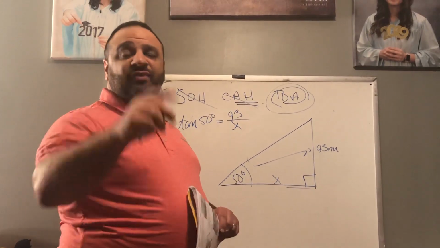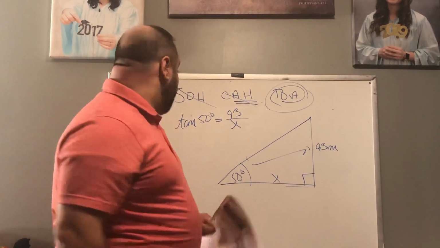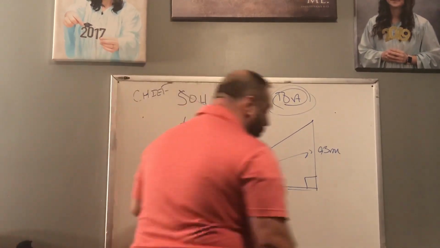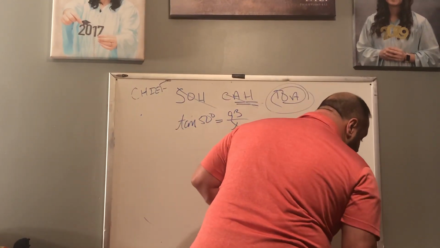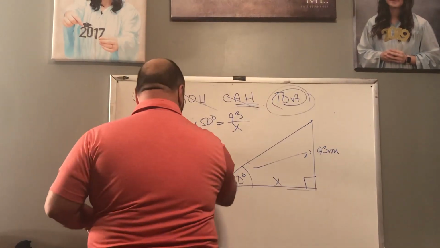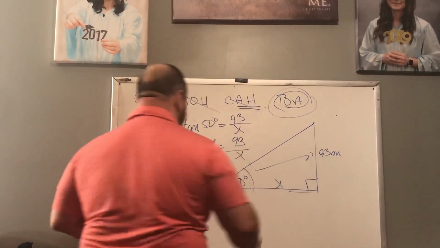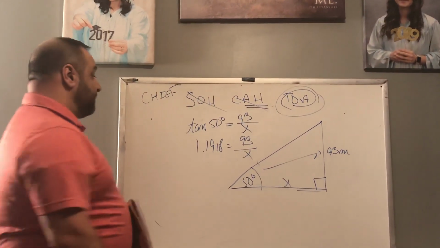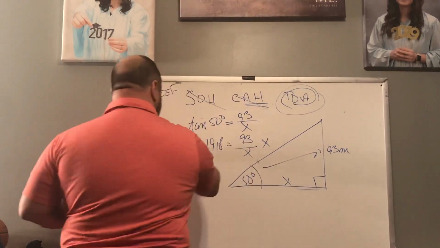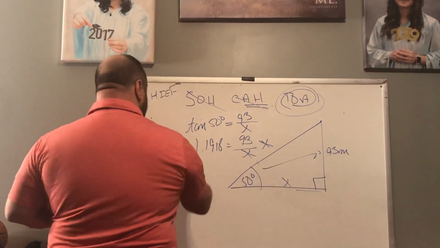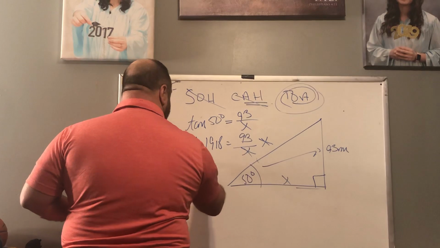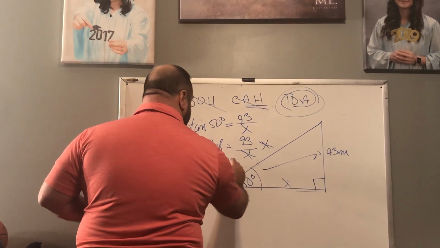How about we have Chris Rob, and then Preston, you follow up. The tangent of 50 degrees would be 1.1918. Let's get x by itself, so let's multiply to get rid of that fraction. 1.1918x is equal to 93.